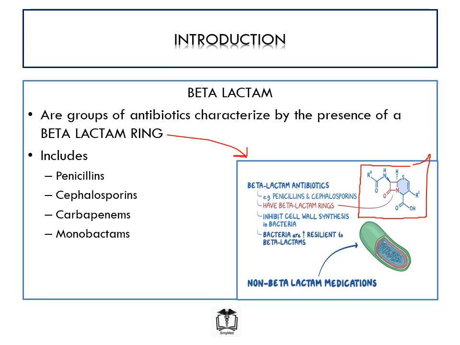That box-shaped ring in red is the beta lactam ring, and the beta lactam ring is seen in four major groups of antibiotics. This includes penicillins, the cephalosporins, carbapenems, and monobactams. Out of these four major antibiotics, the ones that we need to focus on the most would be the penicillins and the cephalosporins.